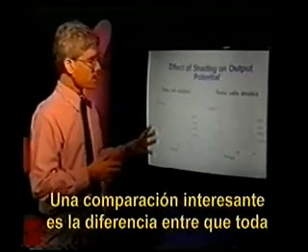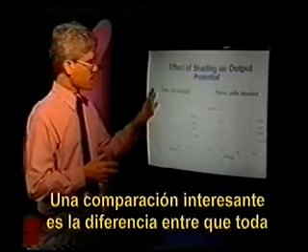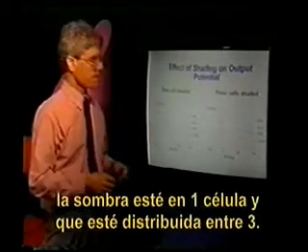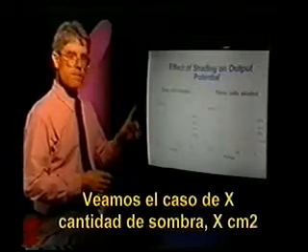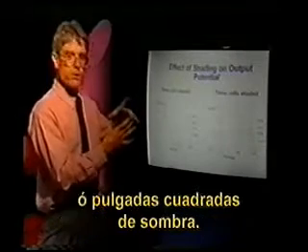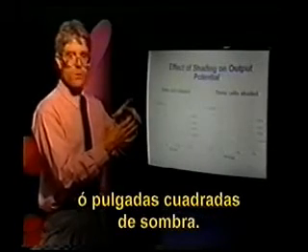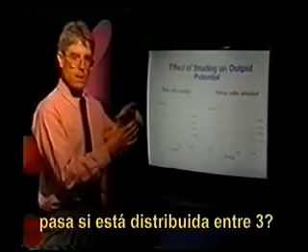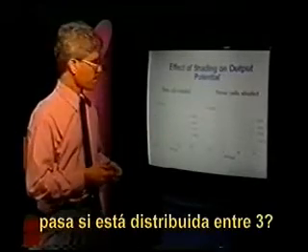An interesting comparison to draw is the difference between all of our shading being in one cell and distributed over 3. Let's look at the case of a certain amount of shading, a certain square inches or square centimeters of shading. But what if it's all in one cell, and what if it's spread out over 3?